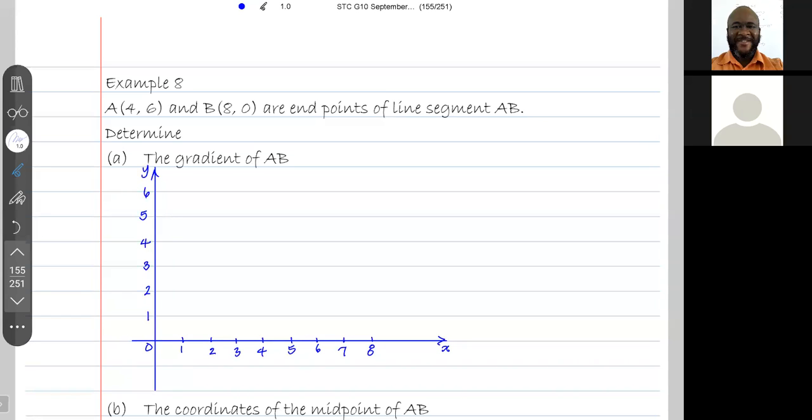All right, so we're told that A is the point (4, 6). So (4, 6) would put me somewhere around here.